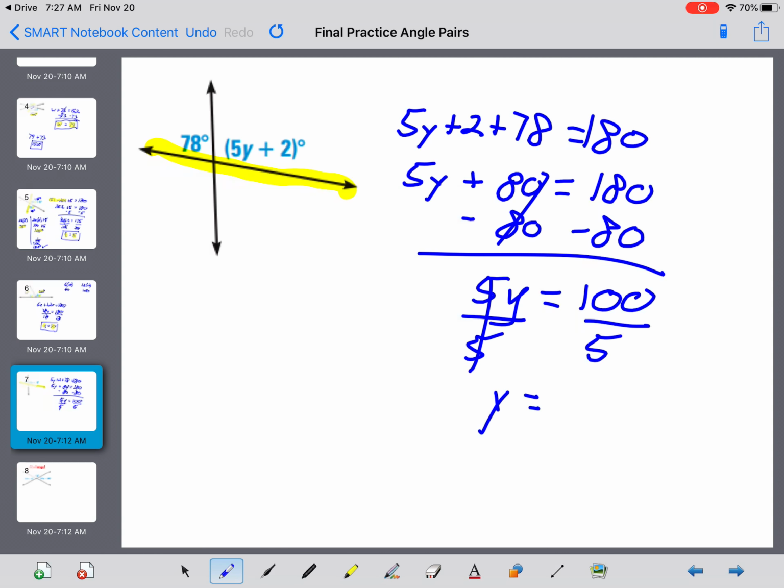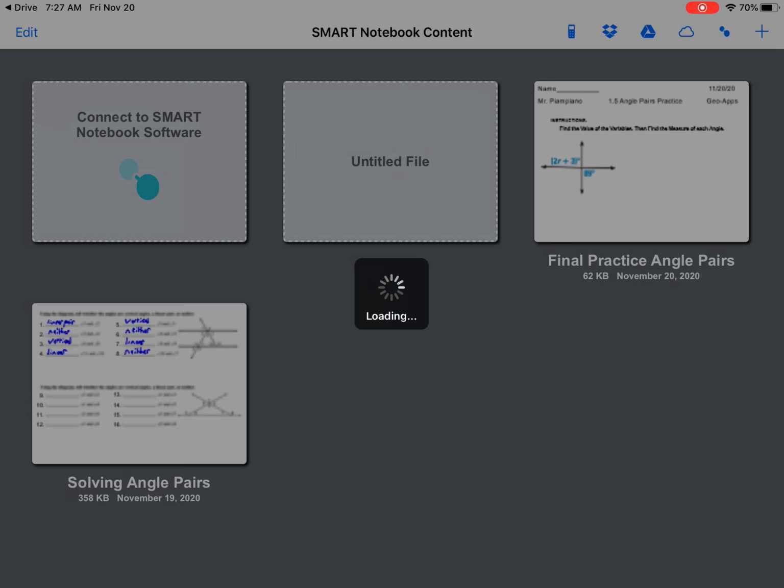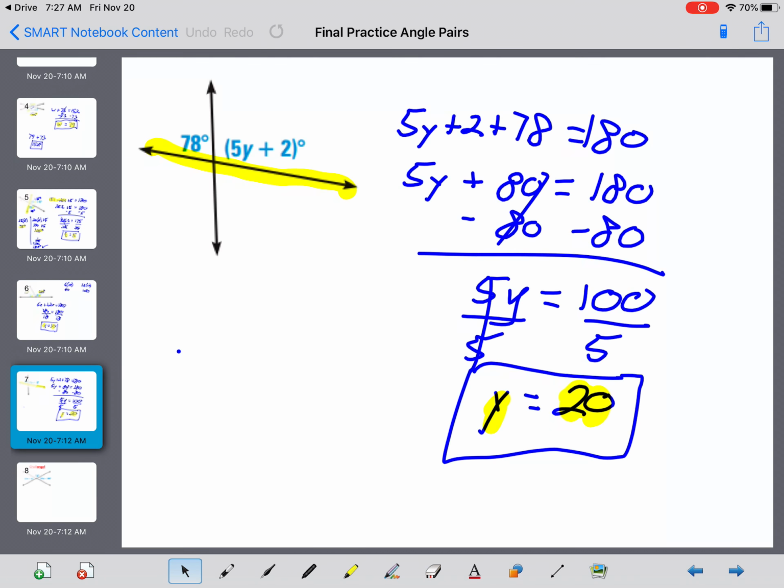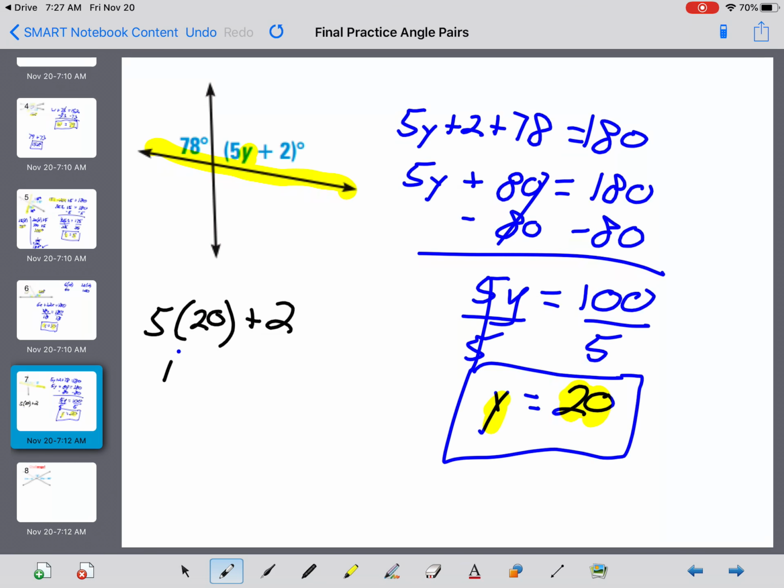Divide by 5 on both sides, y equals 20. We're going to plug that value of y into the angle here. So this becomes 5 times 20 plus 2. 5 times 20 is 100, plus 2 is 102 degrees.